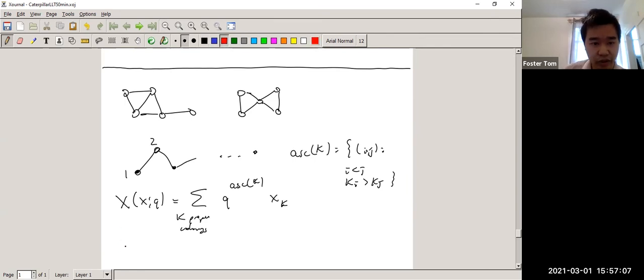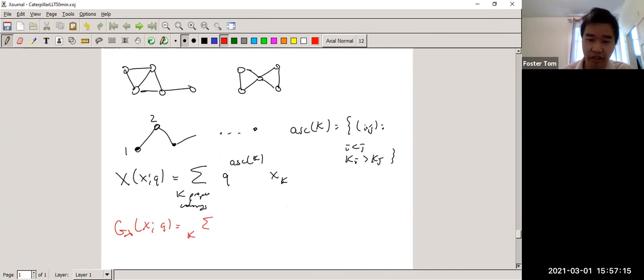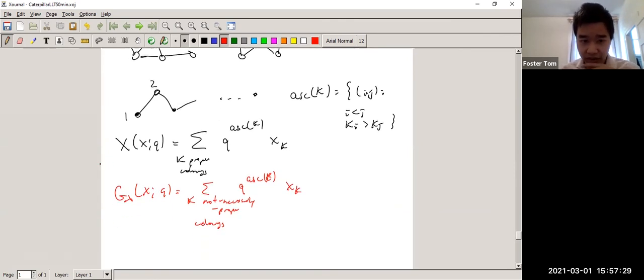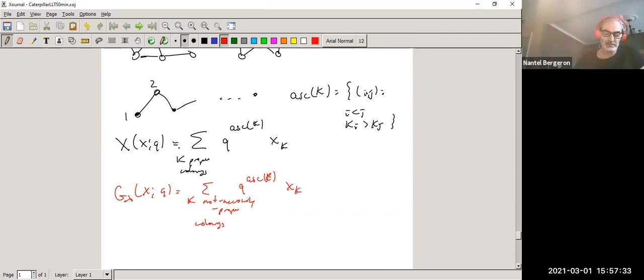So the LLT polynomial is the same sum, except the colorings don't need to be proper. And so LLT polynomials are closely related to these chromatic quasisymmetric functions.